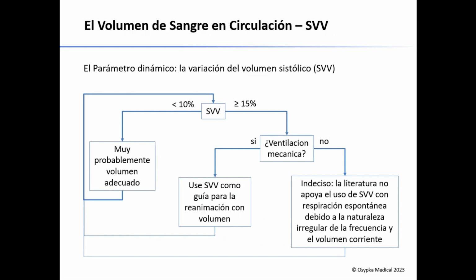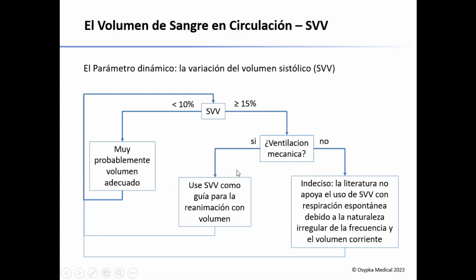Electrocardiometry also provides two dynamic parameters. One of them is stroke volume variation. If stroke volume variation is less than 10%, basically the patient doesn't need volume. Very nice. If it exceeds 15%, well, it depends. If the patient is ventilated, you can surely say this patient would benefit from more volume.